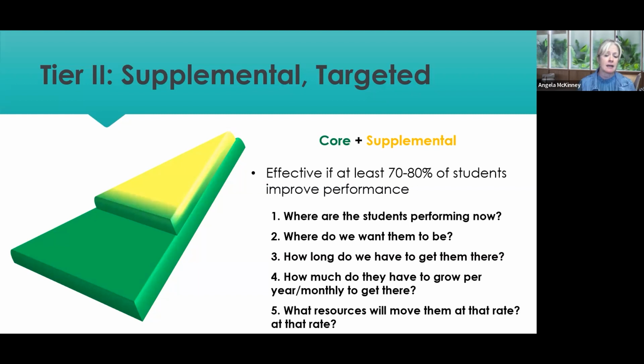We don't have enough time to be able to do that. So one of the workarounds for this is to use some of your existing structures, your PLC meetings, your grade level team meetings, your content area meetings, whatever you've already got going on. And when you're looking at your data, problem solve the needs.